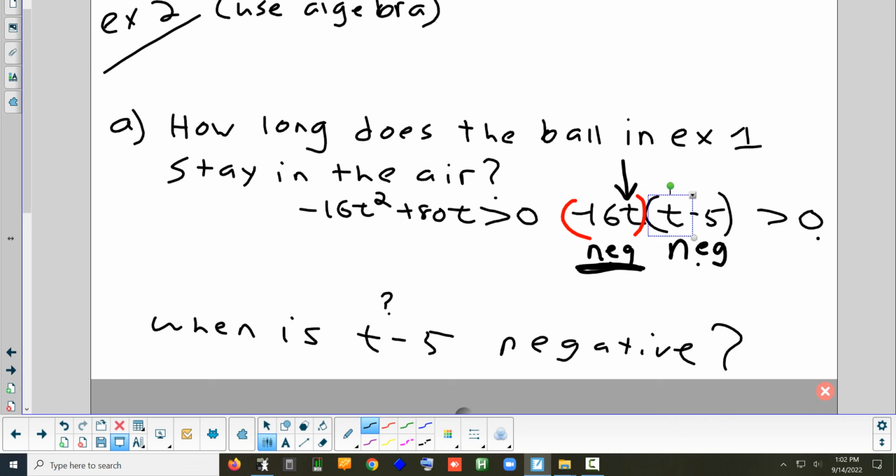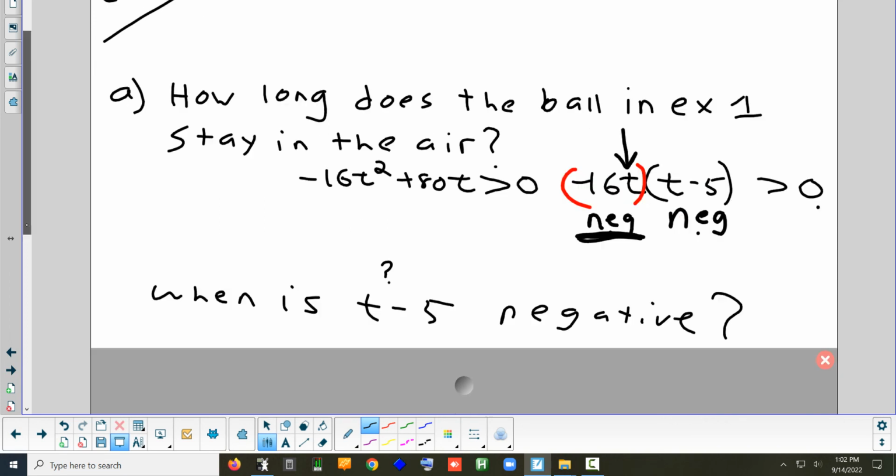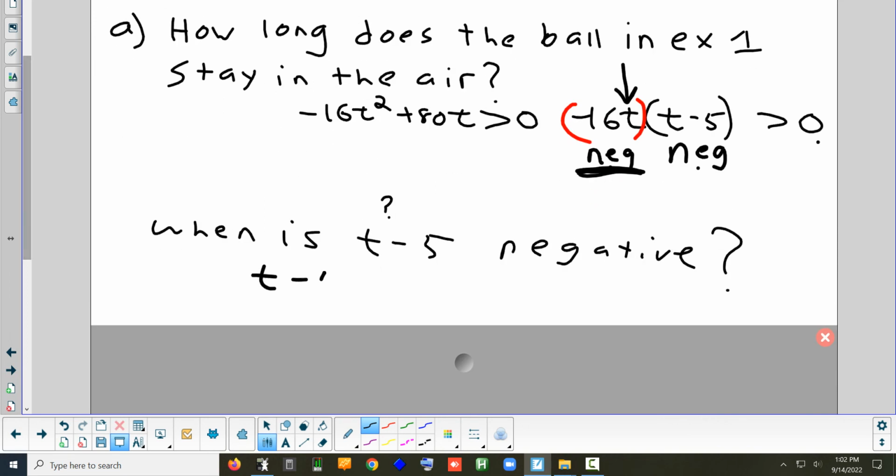How would you force this factor to be negative? Well, when is t minus 5 less than 0? t would have to be less than 5. Which means this object is in the air for less than 5 seconds. It's like 4.9 repeating. At exactly 5 seconds, it hits the ground.